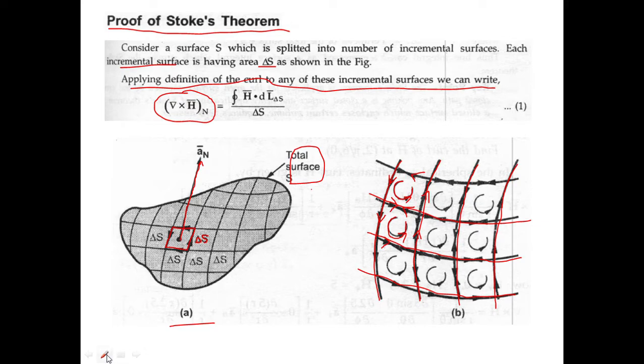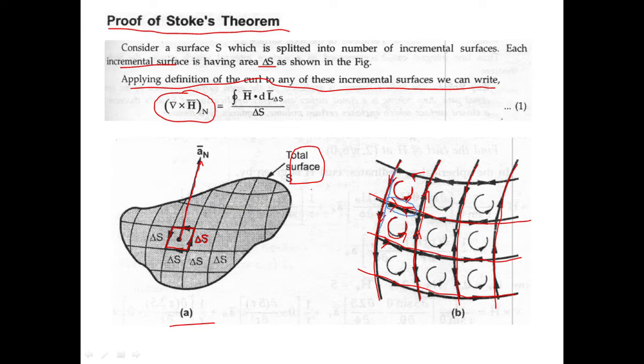You can see that whichever line is common to two surfaces will have the arrow direction on both sides. So these two arrows will cancel out, and when I apply this curl analysis for two surfaces, the middle part will get cancelled because of the arrows.